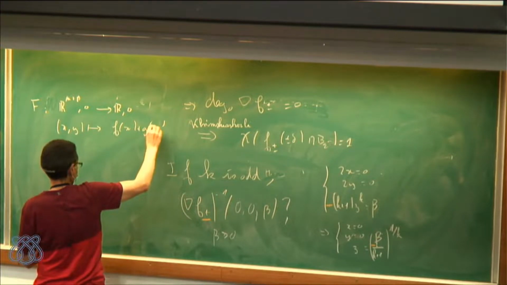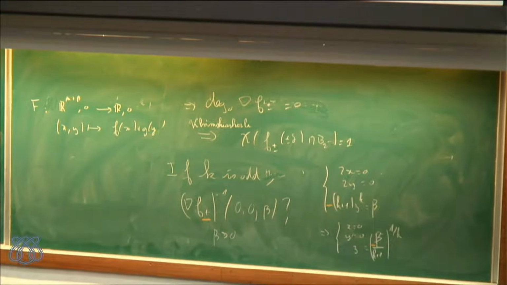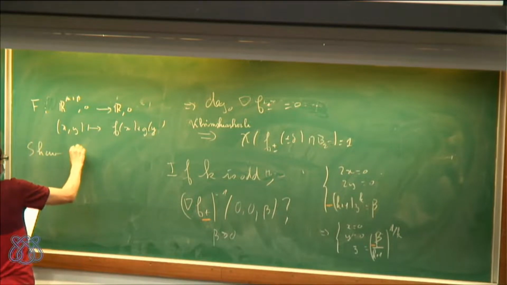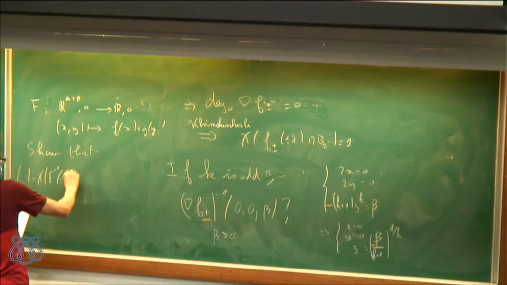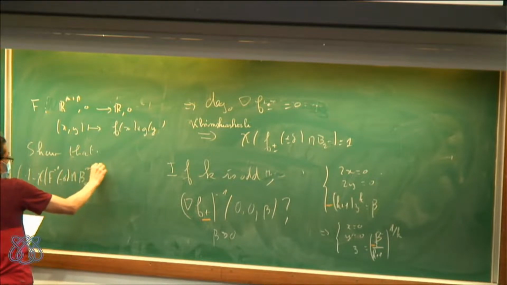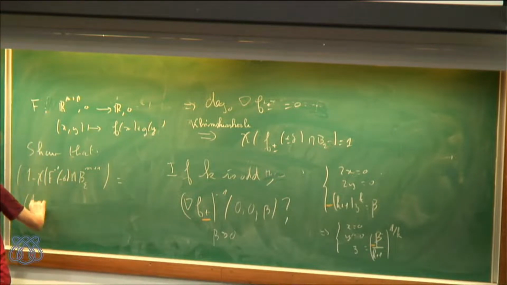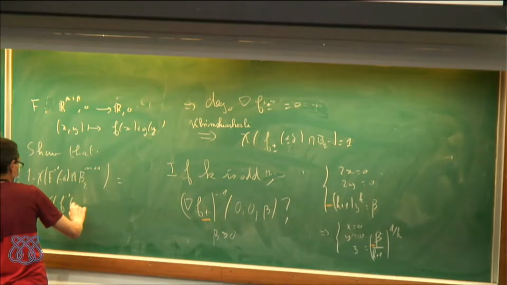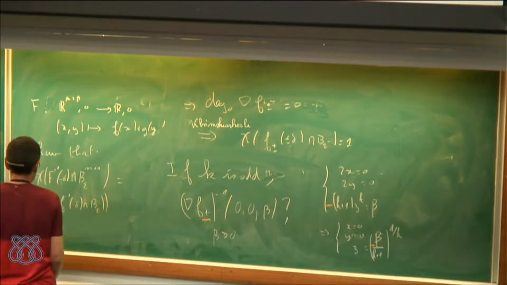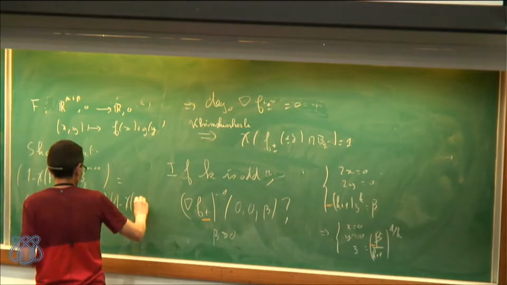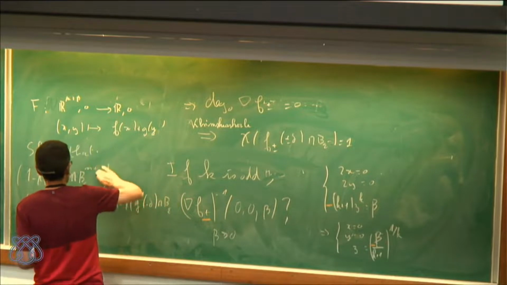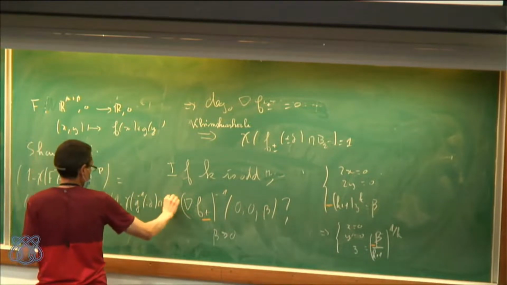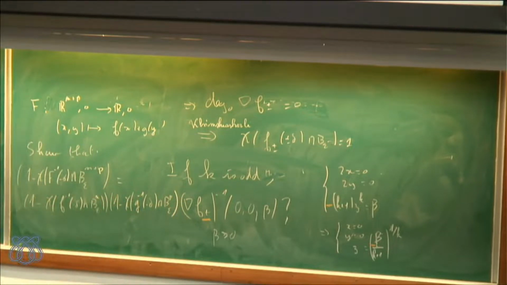And then show that one minus the Euler characteristic of the negative Milnor fiber of capital F is one minus the Euler characteristic of the negative fiber of small f, times one minus the Euler characteristic of the negative Milnor fiber of g. So there are many parentheses.